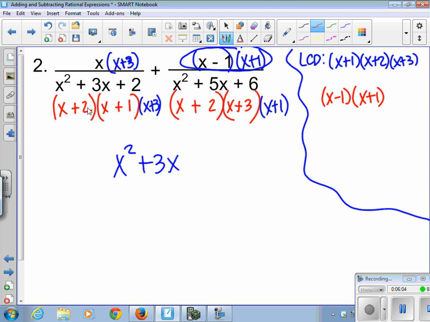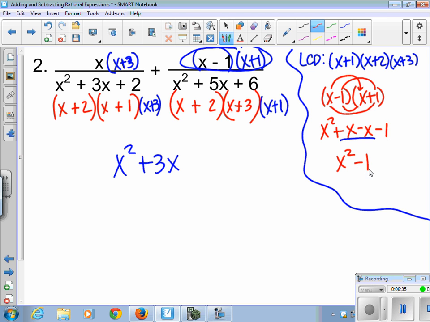So when I FOIL these, this is a real easy case because when I multiply the first two, x times x is x squared, the outside terms give me a plus 1x, the inside terms give me a minus 1x, and then the last terms give me negative 1 times 1, which is just a negative 1. And so you can see that these two terms are going to cancel out, and so I'm just going to get x squared minus 1.